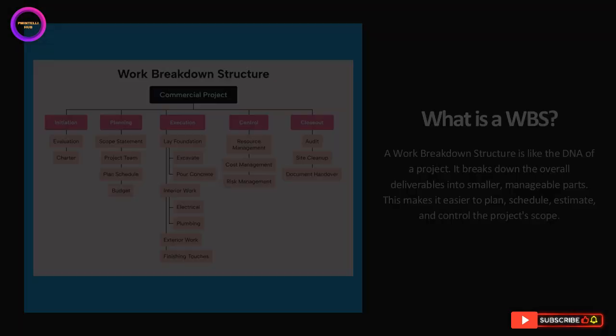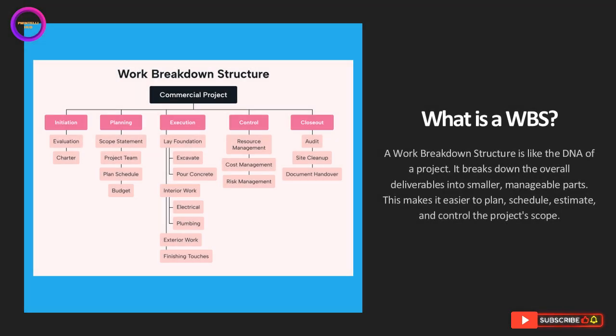Here's a practical example of a WBS for a commercial project. You can see the project is broken down into major phases like initiation, planning, execution, control, and closeout. Each phase is then further broken down into specific tasks. This structure makes a large, complex project much easier to manage and understand.